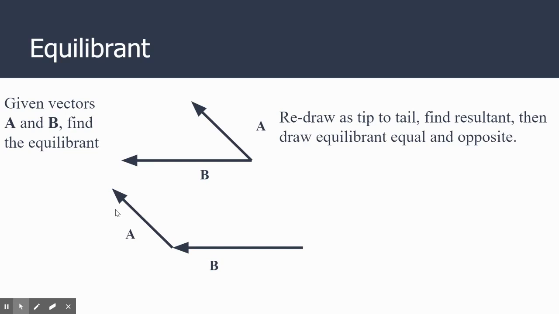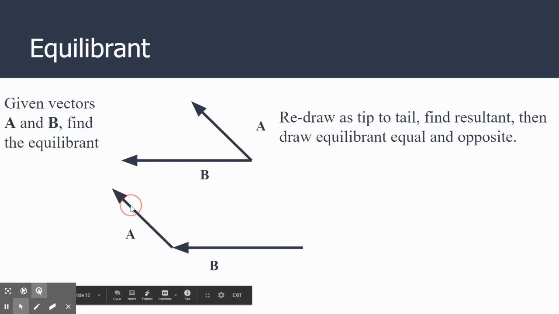What does it mean to be in equilibrium? Equilibrium is a state in which opposing forces or influences are balanced, or you can think of it as opposing vectors are balanced. Okay, so if we have two vectors A and B here, and we want to find the equilibrant, what do we need to do? We need to first redraw as tip to tail, right? Find the resultant, then draw a vector in an equal and opposite direction of the resultant.